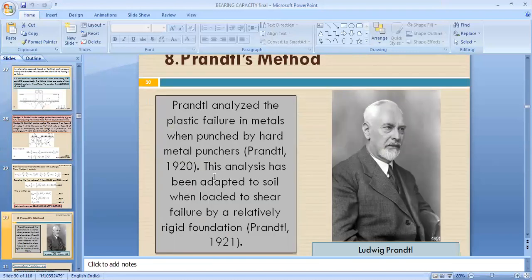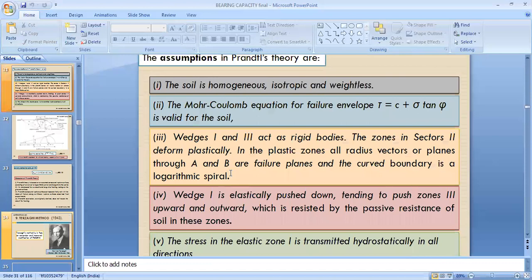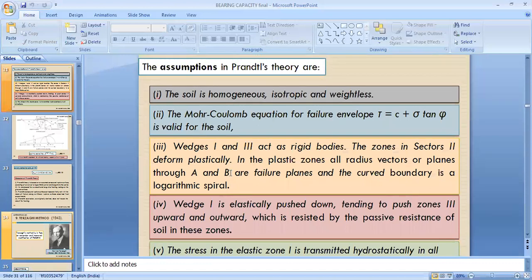Prandtl analyzed the plastic failures in metals when punched by hard metal punches. He advanced the theory in the year 1920 and 21. This analysis has been adopted to soil when loaded to shear failure by a relatively rigid foundation. So this was just the advancement of what Rankine has said.